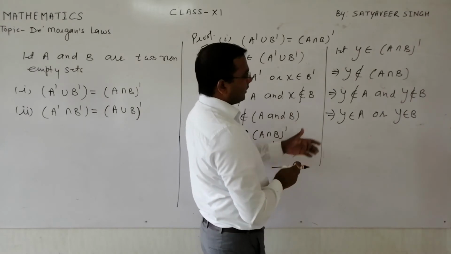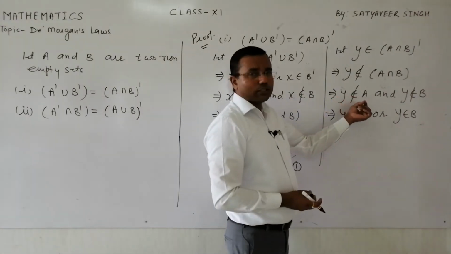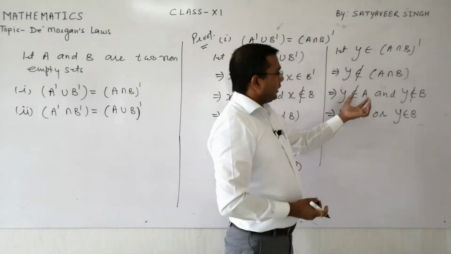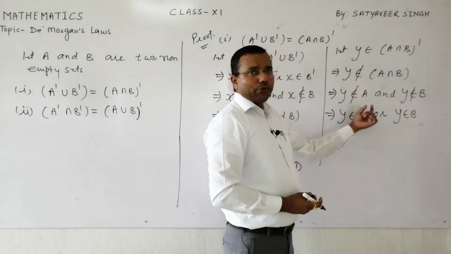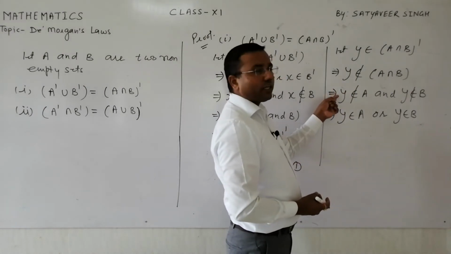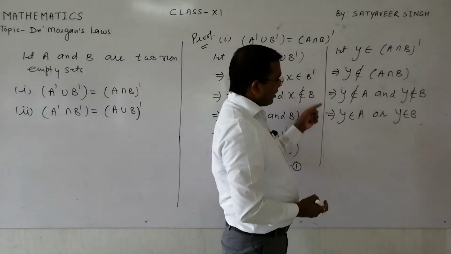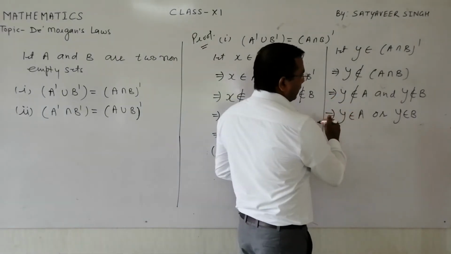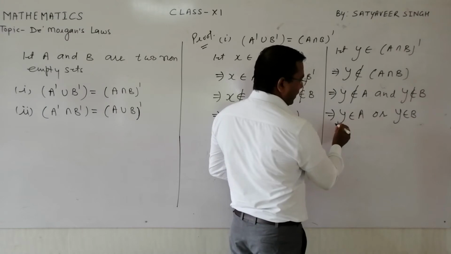See now, the same thing I have done. While it does not belong to A, because of the intersection I have written AND, but the statement will convert into union while you say the same statement in this form, meaning y does not belong to A. But now if it does not belong to A, what can we say here?